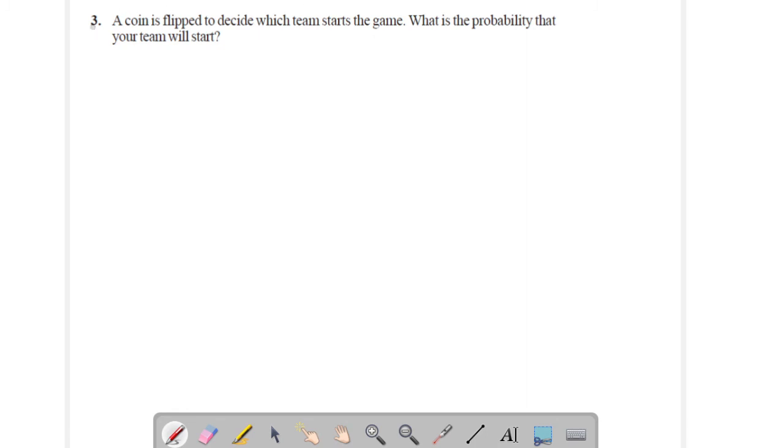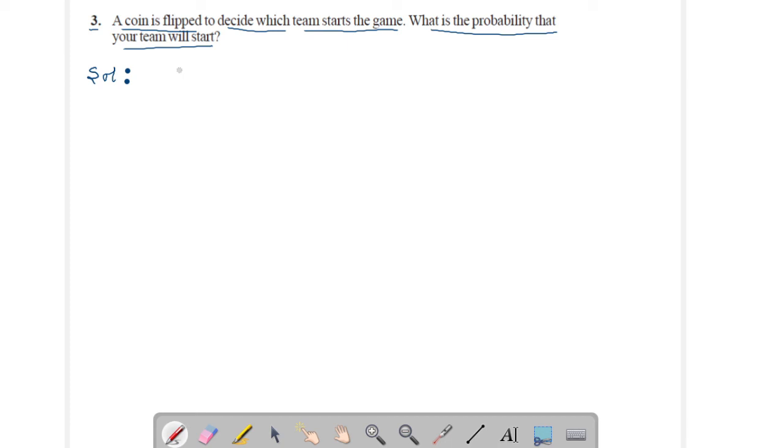Now come to question number 3. Here a coin is flipped to decide which team starts the game. What is the probability that your team will start? See the solution.